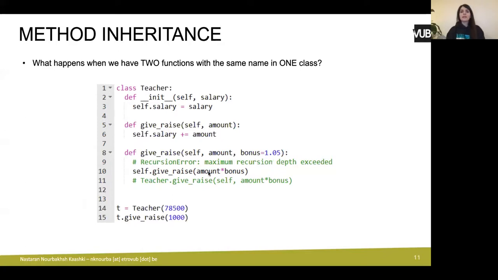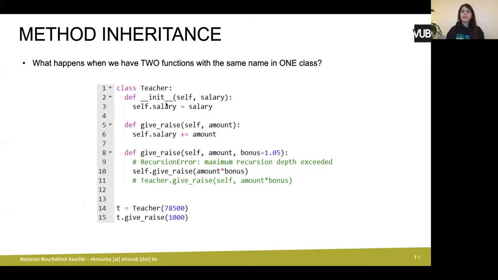And it will multiply amount by bonus and call this function. But in fact, when I try to create a teacher here, and after that I try to call give raise, which is this function, or we can say that it is this one, it gives me a recursive error.